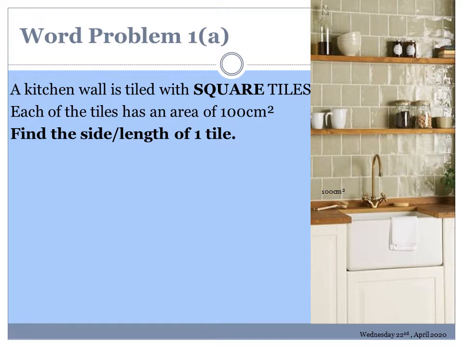It must mean that the length and the width have been multiplied together to give 100 centimeters square. Remember, for a square, the area is side times side.